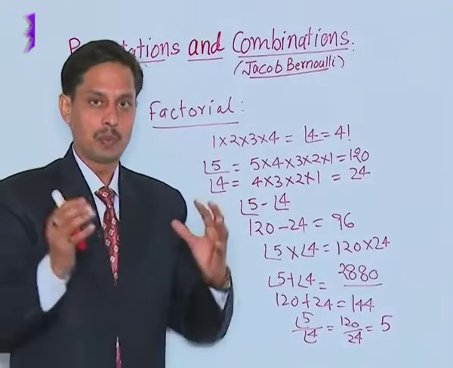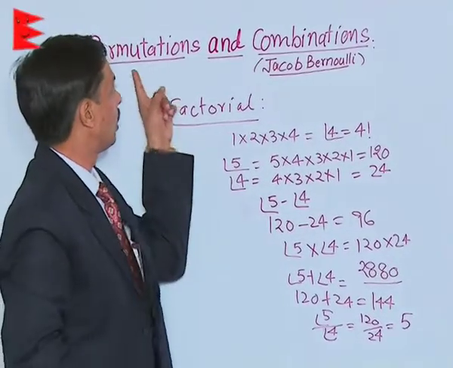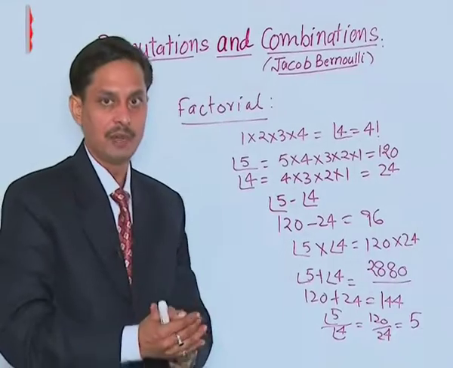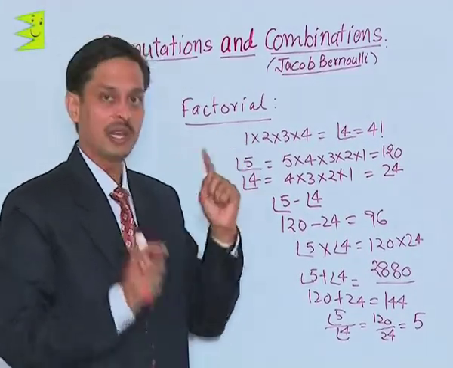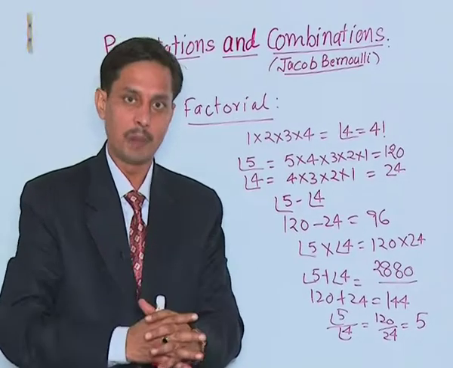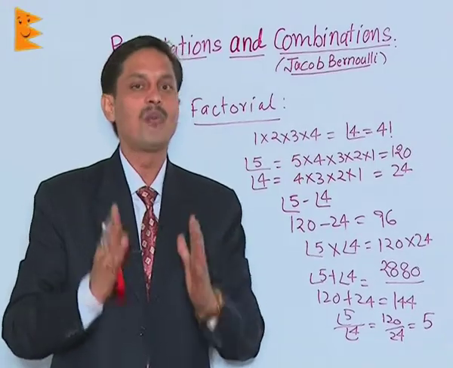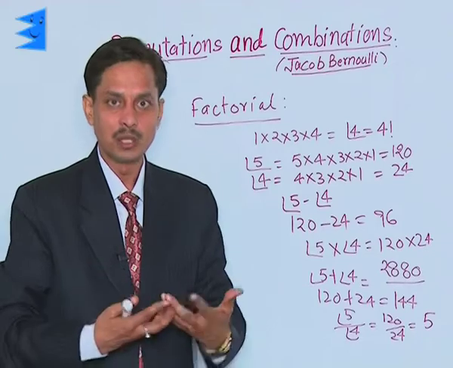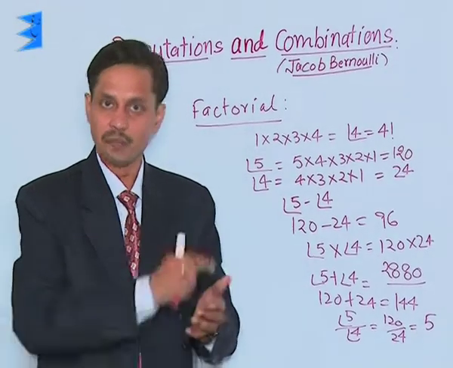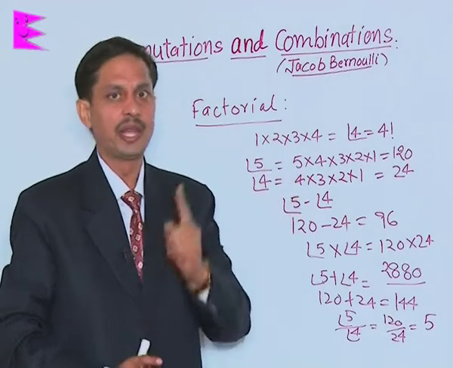So my first purpose, before giving you detail about permutation and combination, is this concept related to the chapter: factorial and how to operate on it. I told you factorial is the product of the first n natural numbers. Whatever factorial you want to find, suppose factorial 10, it is the product of the natural numbers from 1 to 10.